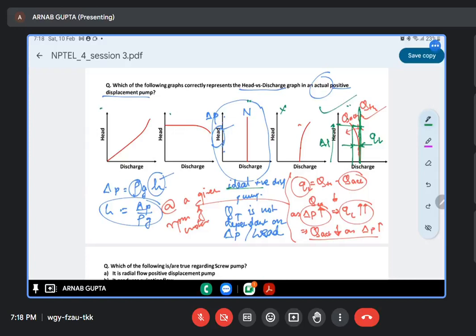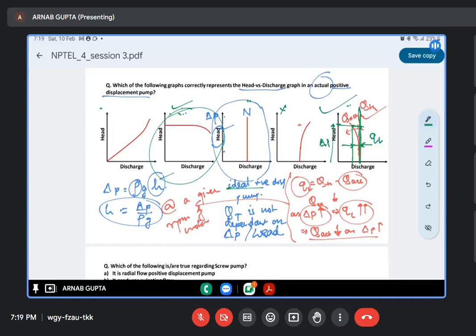Can you tell me this particular head versus discharge curve is for which type of pump? Anyone? This particular curve depicted here, which type of pump does it represent?